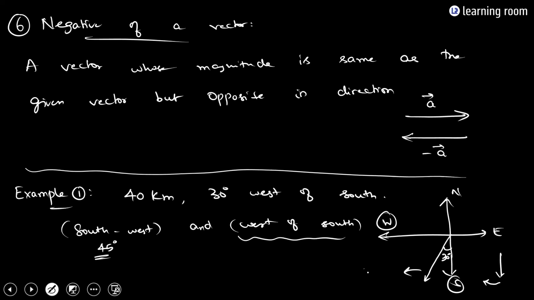So this is a vector whose magnitude is 40 kilometer and it is west of south. Is it here?